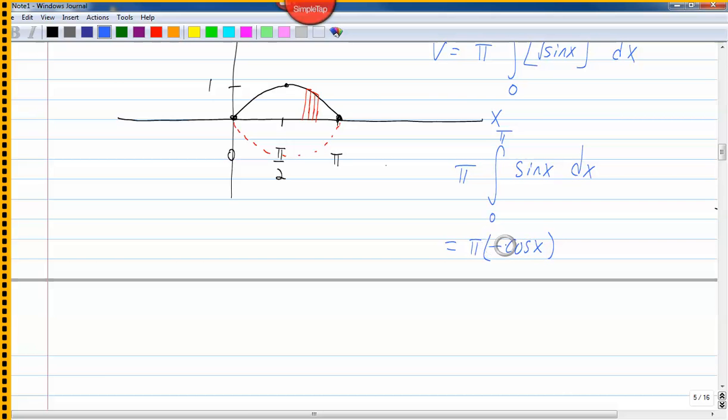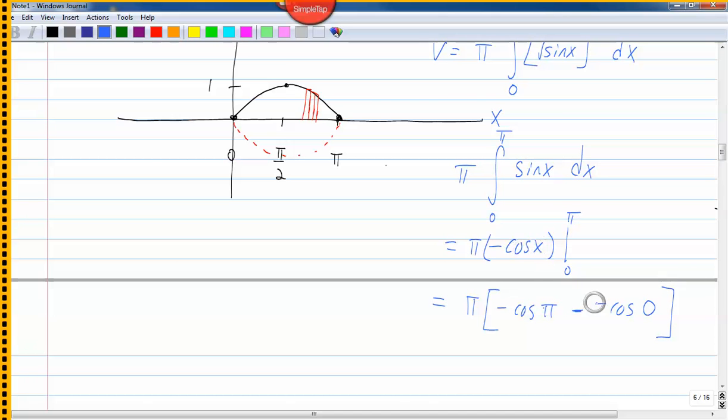This is pi times negative cosine, evaluated from 0 to pi. So pi times, I'm going to have negative cosine pi minus negative cosine 0. Plugged in pi, minus I plugged in 0.